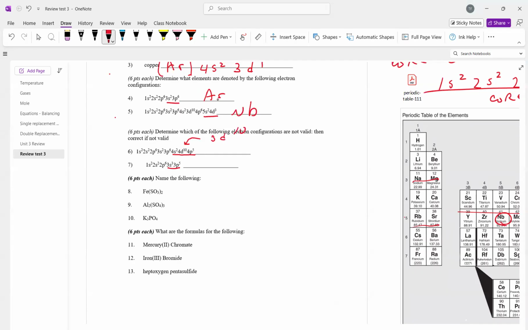The 4d10. So that's the one that's wrong.